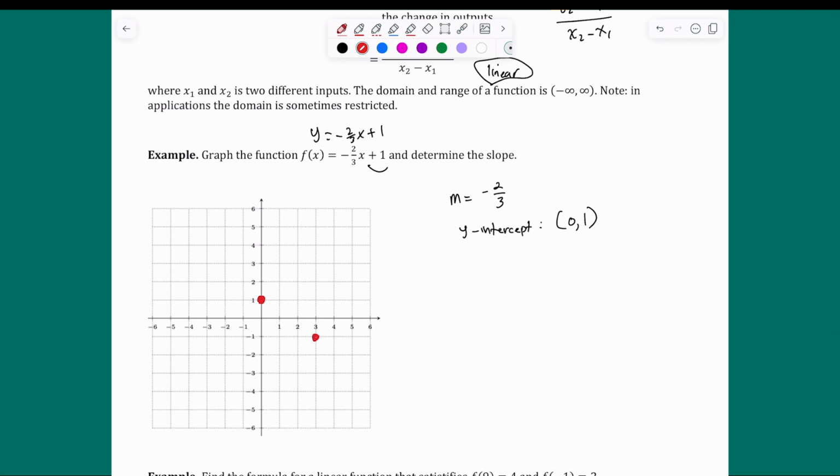Or I could have gone up 1, 2, and then over to the left 3, 1, 2, 3, as long as it forms a line that has a negative slope. So we get something that looks like this, and that's the line of our function f of x equals negative 2/3 x plus 1.